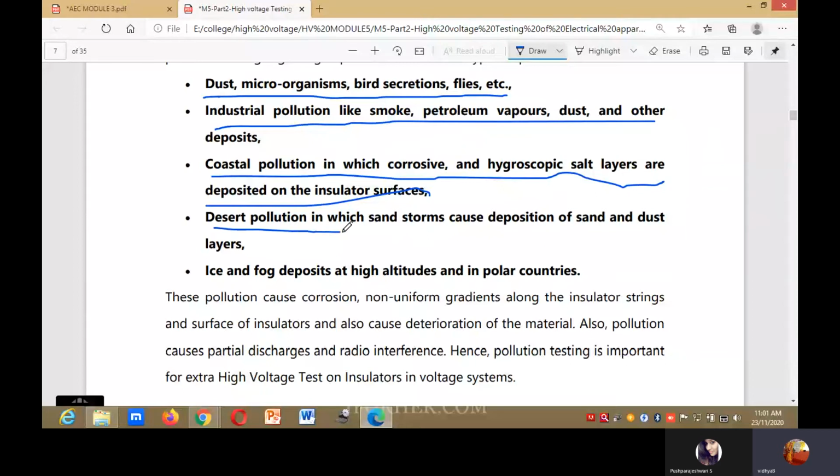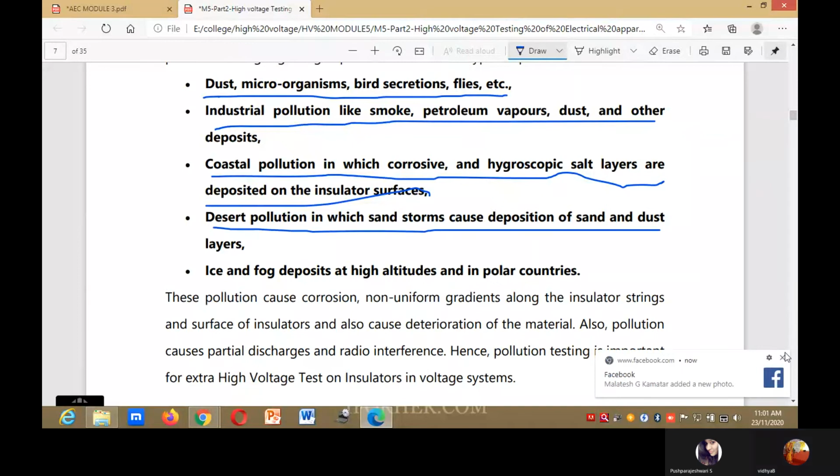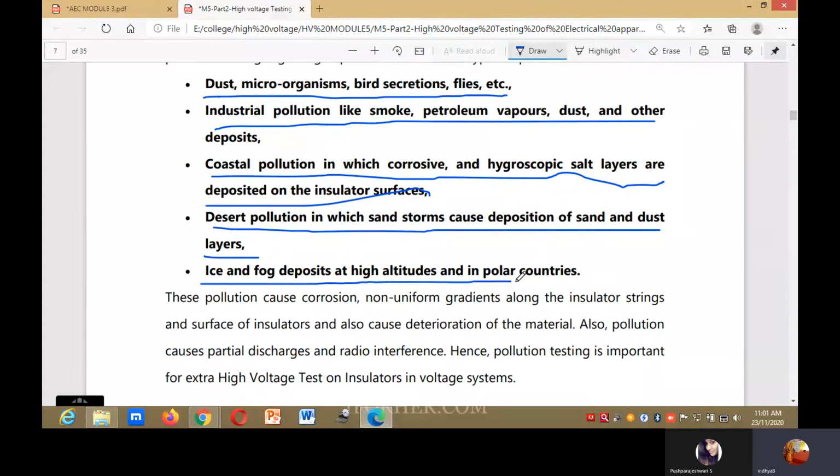Desert pollution in which sandstorms cause deposition of sand and dust layers. Ice and fog deposits at high altitudes and in polar countries. This is how pollution occurs on an insulator.